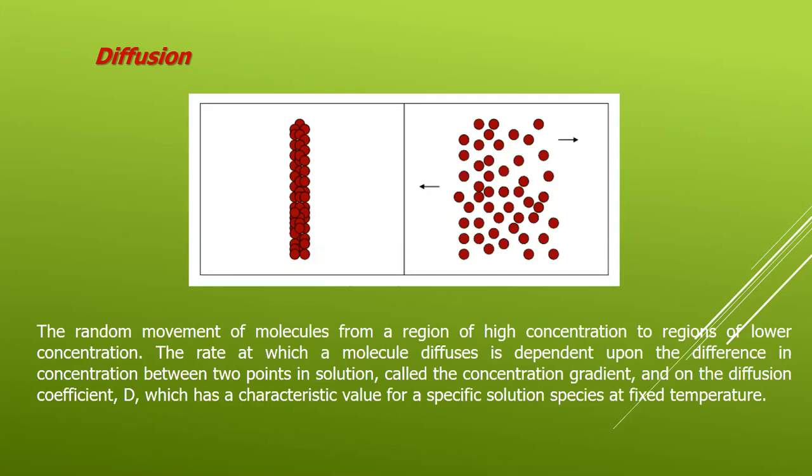So this diffusion coefficient D is dependent on the species present in the solution and at the same time the condition, specifically the temperature of that particular solution. Normally the problem gives us this diffusion coefficient, or we have a table wherein we can get it for the particular solution that the problem is giving us.